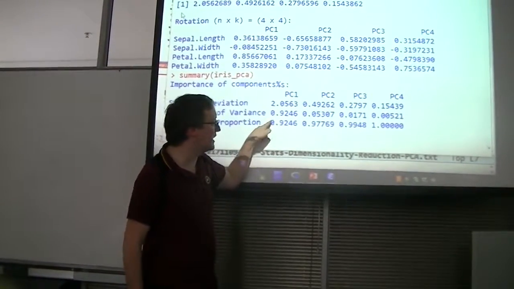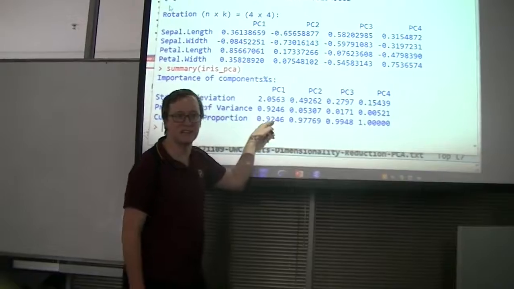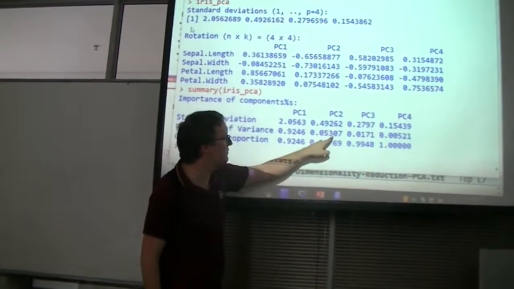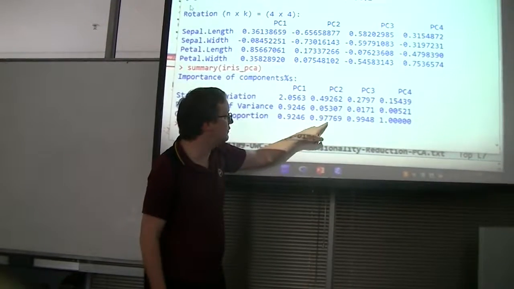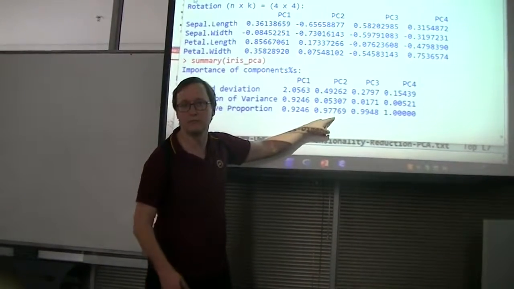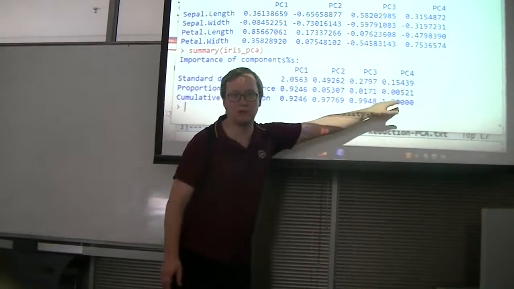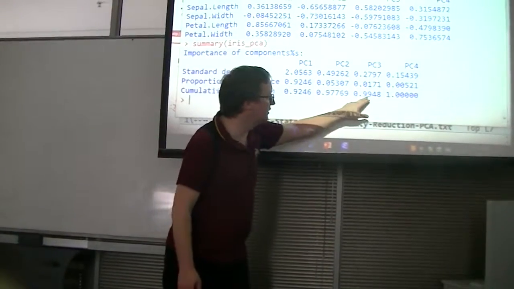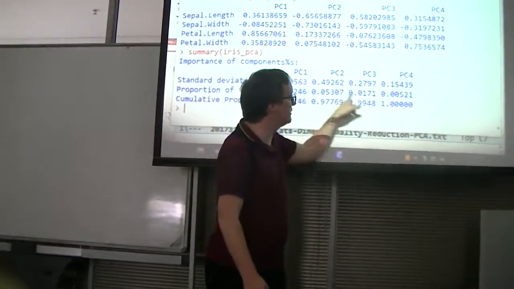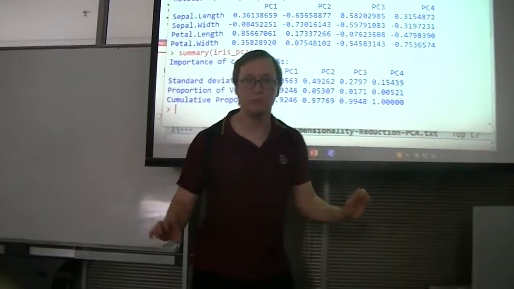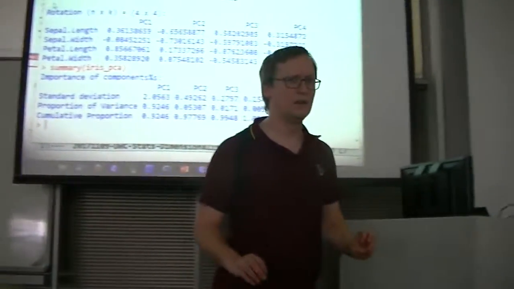So this is a running sum across this next to last row. 92.46% plus 5.3% equals 97.77%. So this is the percentage each component accounts for. This is the running sum. And you see that by the time we get to the fourth component, all of the variation has been accounted for. Any questions on that?